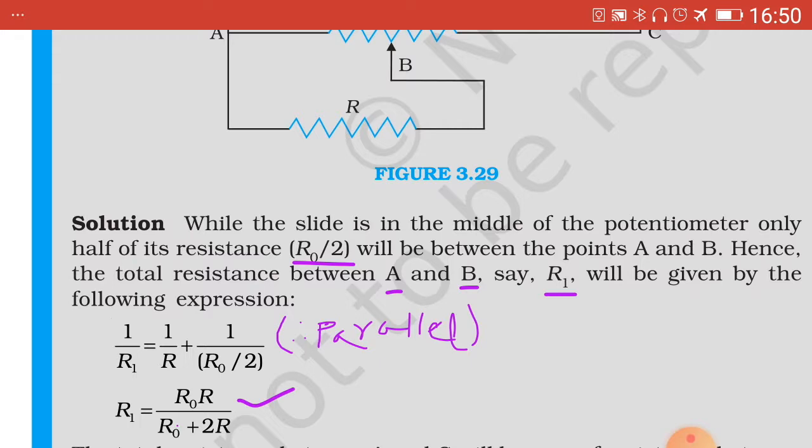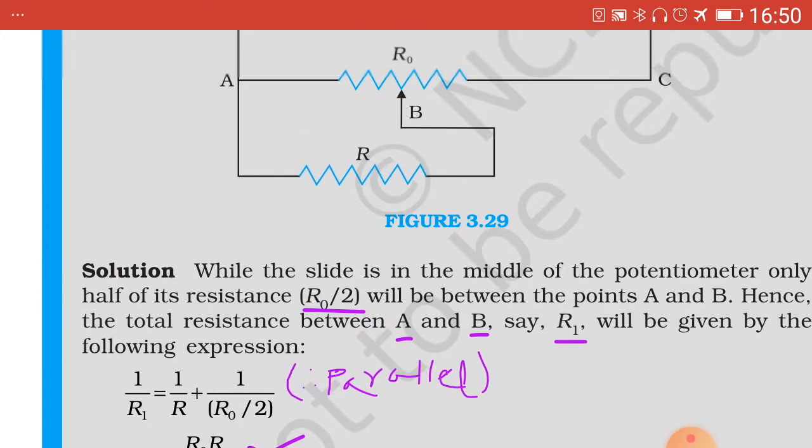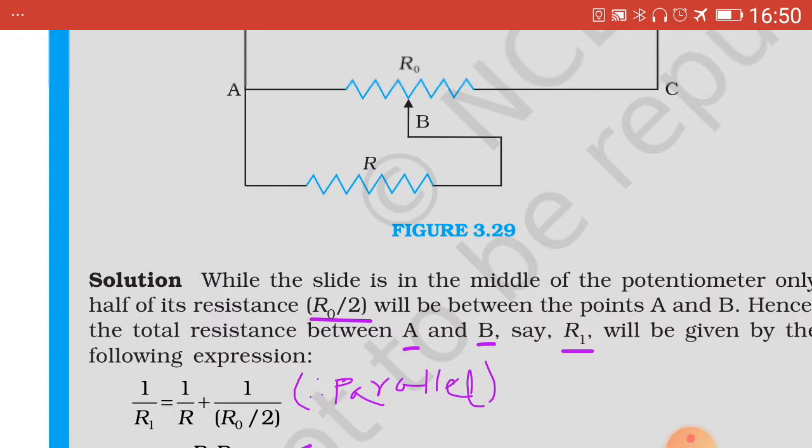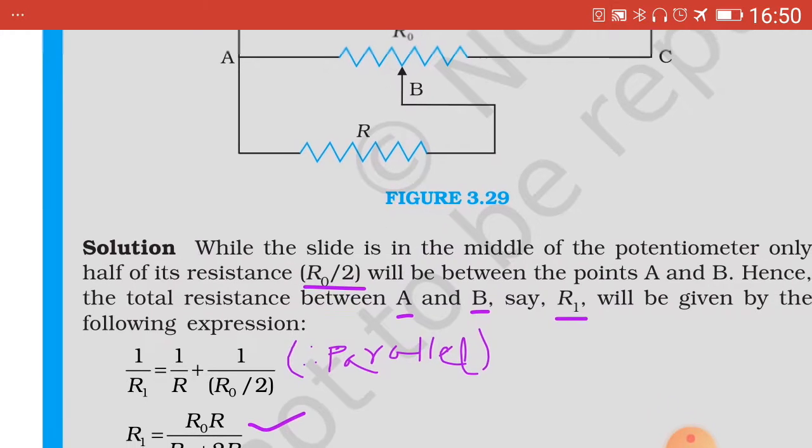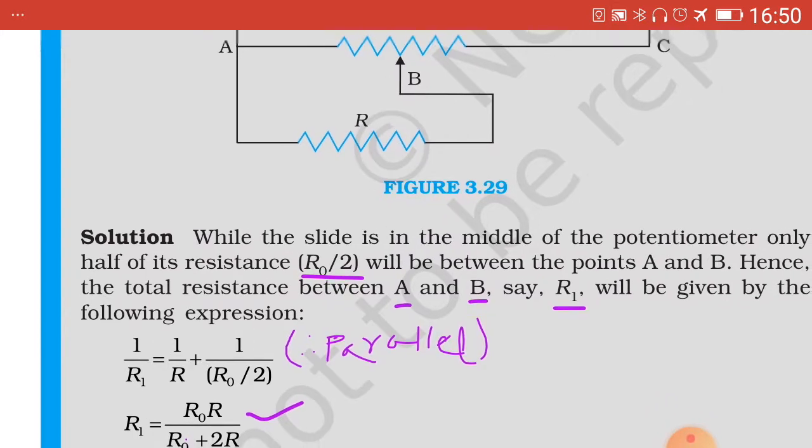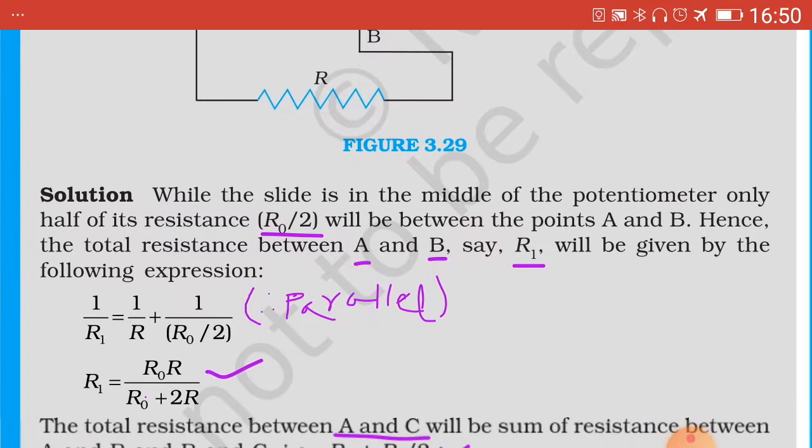Because R0 by 2 and the resistance R, that is at the bottom, both are connected in parallel, and in parallel we have the equation 1 upon R equal to 1 upon R1 plus 1 upon R2. So here the resistance is denoted by R1 say, so 1 upon R1 equal to R is given at the bottom, so 1 upon R plus resistance R0 becomes half, so plus 1 upon R0 by 2.